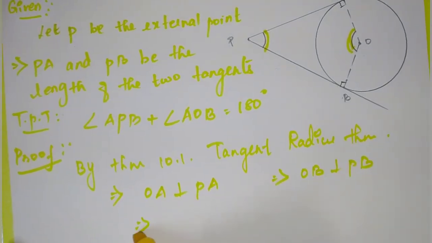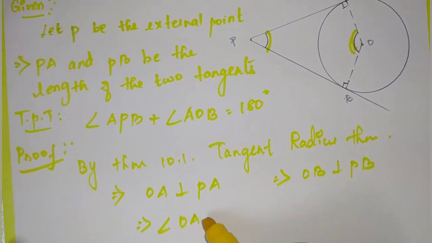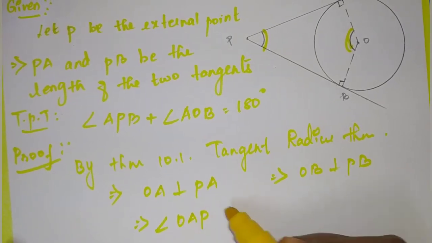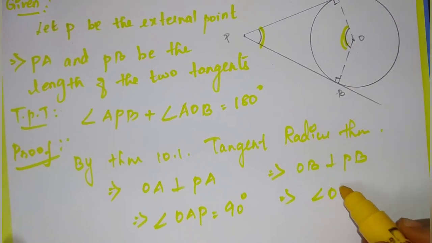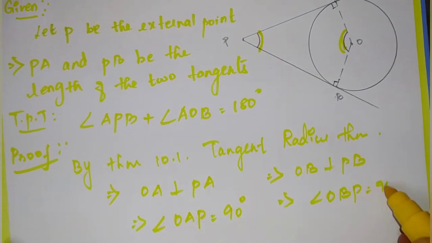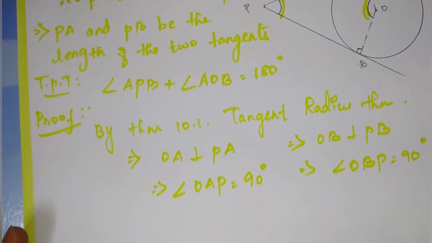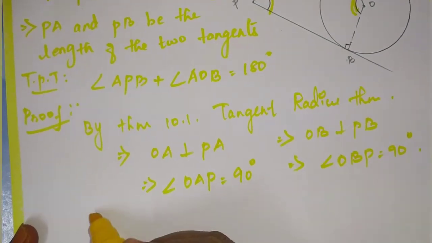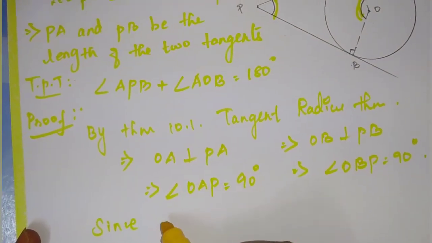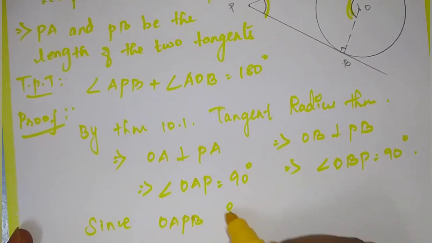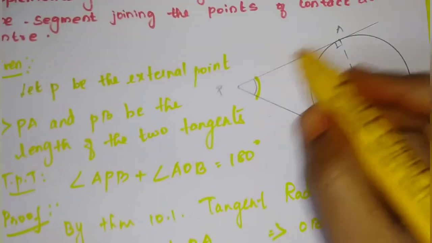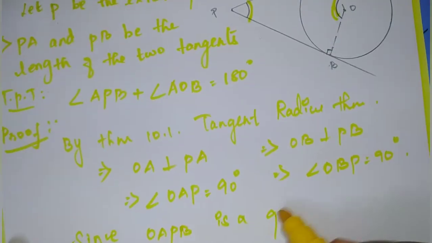So we can tell that angle OAP is equal to 90 degree, and angle OBP is equal to 90 degree. Okay. Since OAPB is a quadrilateral, it looks like a quadrilateral only, no?